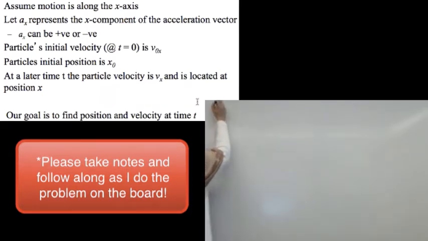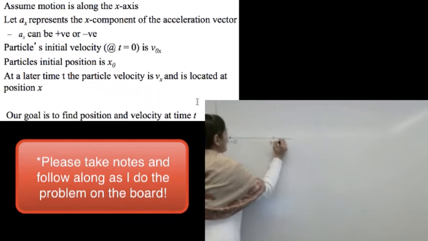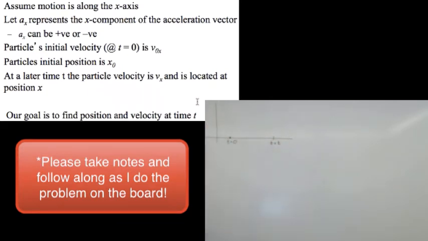So first things first, and remember I told you that the initial conditions were really, really important. So our first initial condition is what is happening at t equals 0 for any particle, and what happens at any given later time, which I'm going to call t. So let us assume that I've drawn a coordinate system, and since I'm only concerned with one-dimensional motion, I am going to put my car or my particle or whatever I have at time t equals 0.